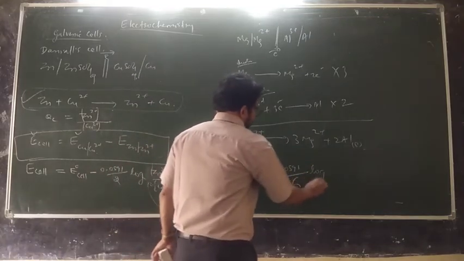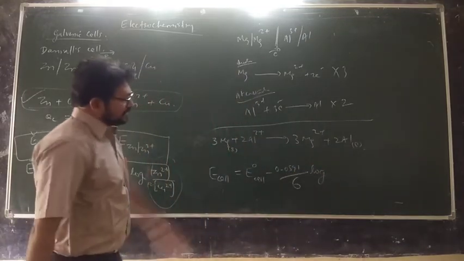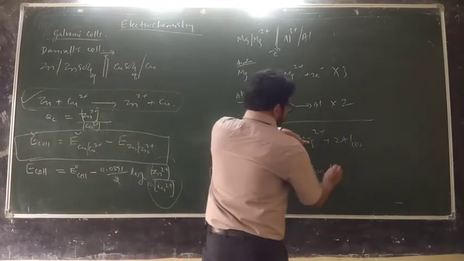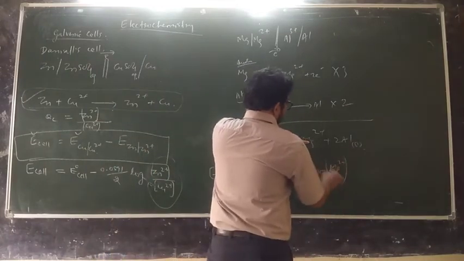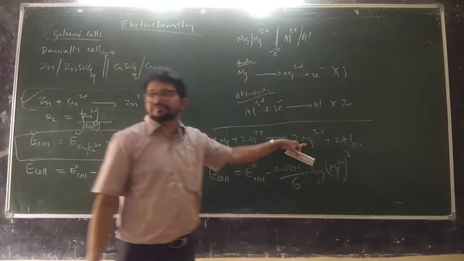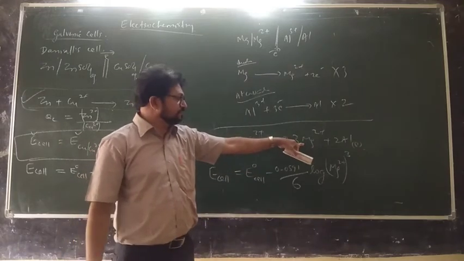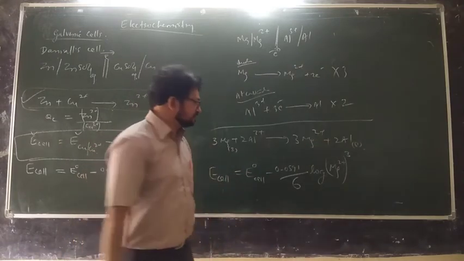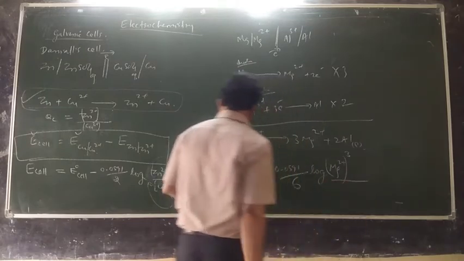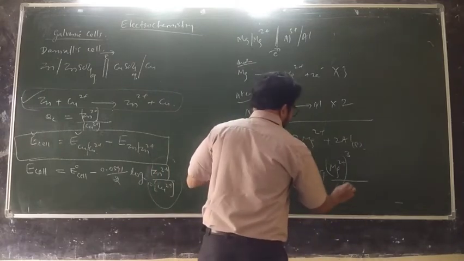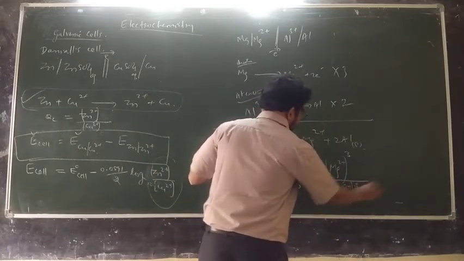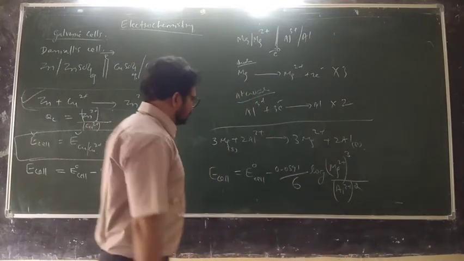Log of, right side, Mg2+ with the number of moles as powers, Mg2+ cubed, aluminum is solid, divided by Al3+ squared. Yes or no? This is the way you have to write the Nernst equation.